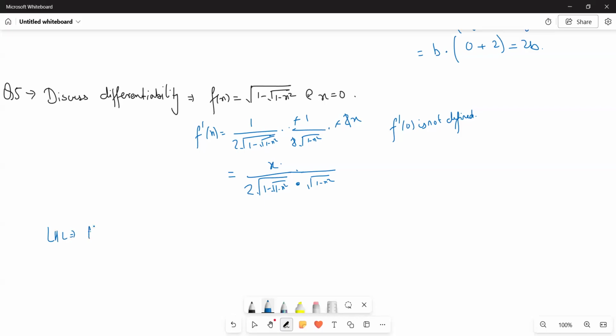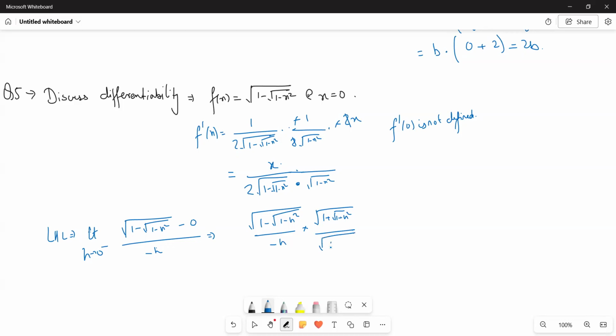So LHL, limit h tending to 0 minus, ये हो जाएगा root over of 1 minus root over of 1 minus h square minus f of 0, which is 0, divided by minus h. Now, इसको solve करने के लिए we rationalize by minus h multiplied with root over of 1 plus root over of 1 minus h square divided by root over of 1 plus root over of 1 minus h square.